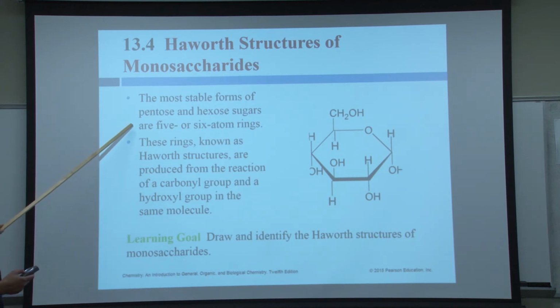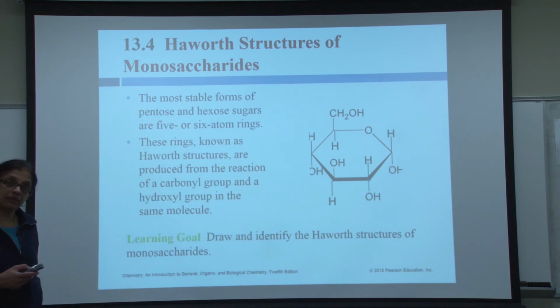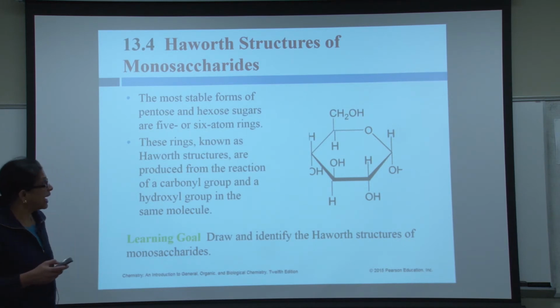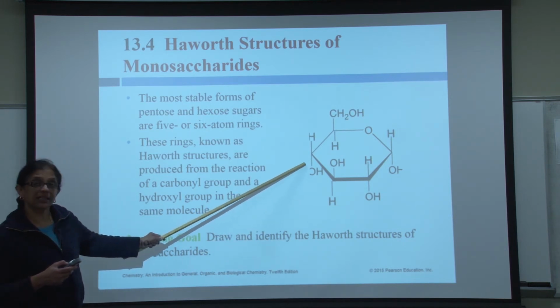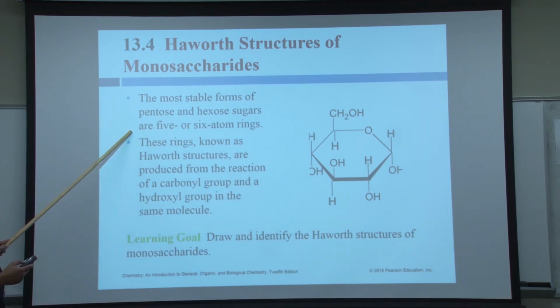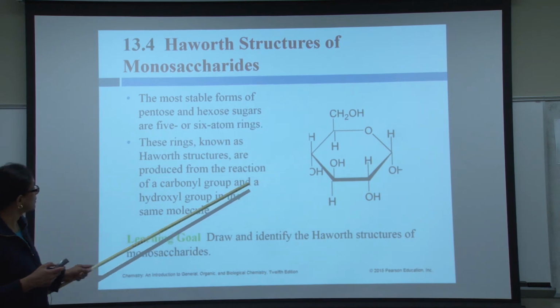We discussed pentose sugars and hexose sugars. The most stable forms are the ring forms of the carbohydrates, as opposed to the open forms that we saw in Fischer projections.